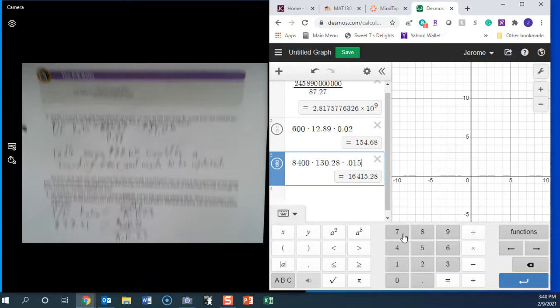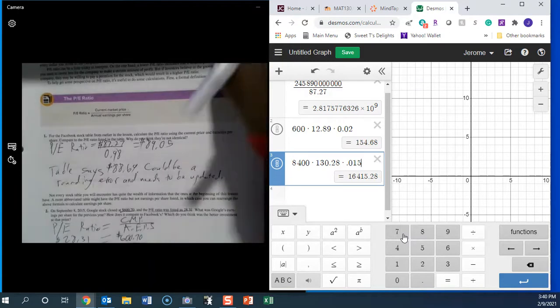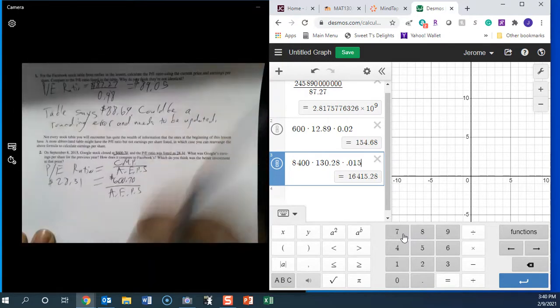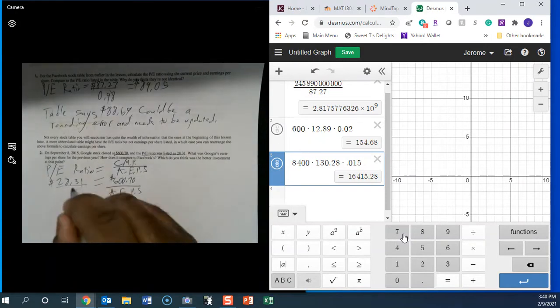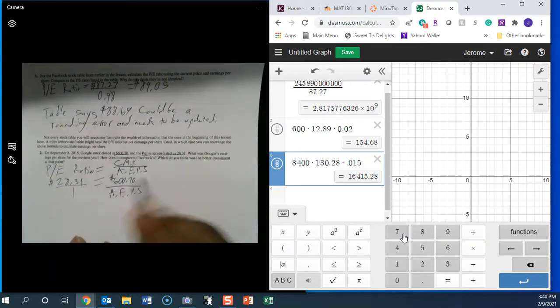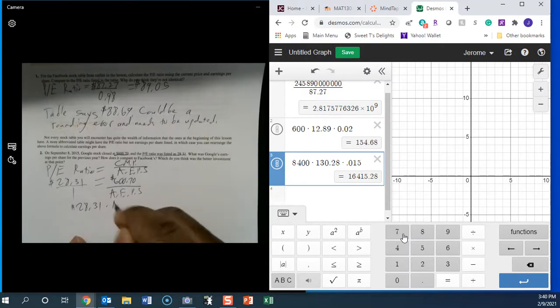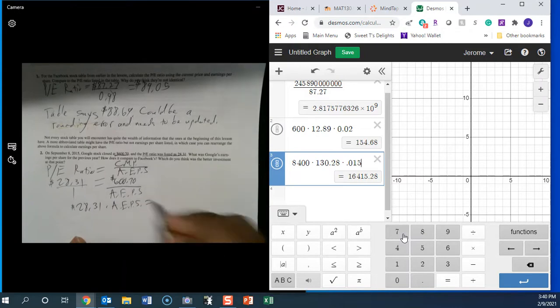Now, what I would tell you is this here. We're basically doing algebra. We could put this over 1 and do some cross multiplication. It'll be 28.31 times annual earnings per share is equal to 1 times 600.70.